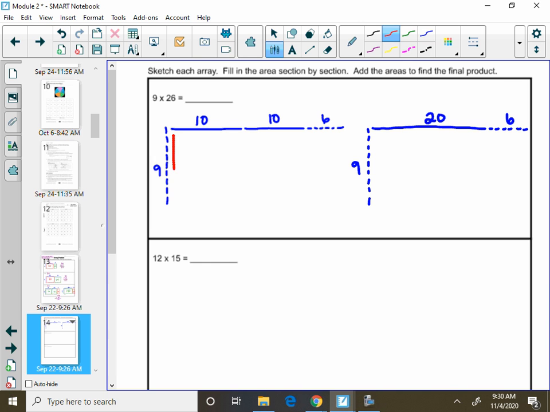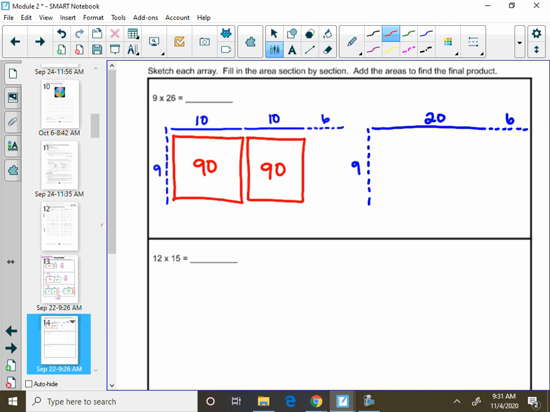Everybody should say this. 9 times 10 is what? 90. Good. The great part about that one is that the number never is bigger than 10, right?